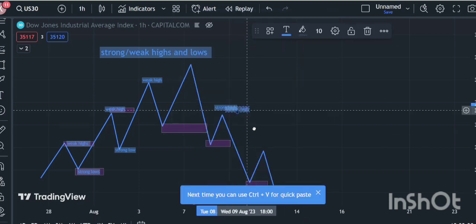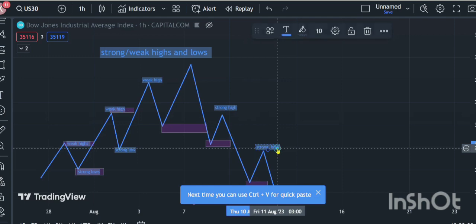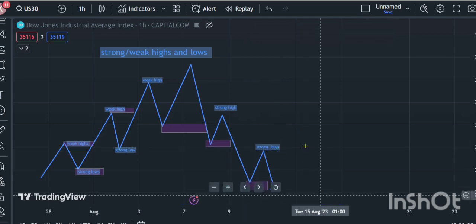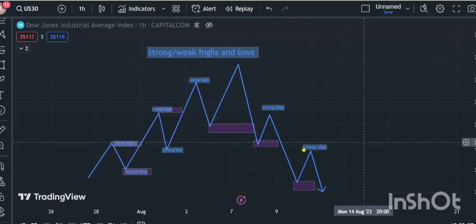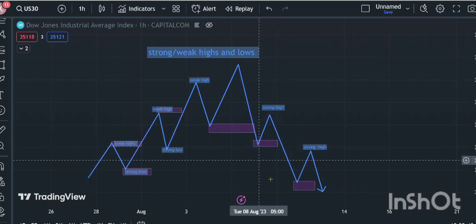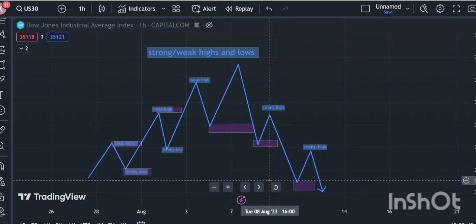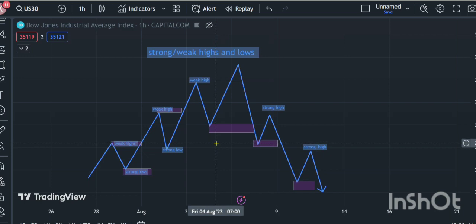Another one here, so we actually have two. So we have a strong high, then our weak lows to the downside, just like our definition is. So this is an illustration.